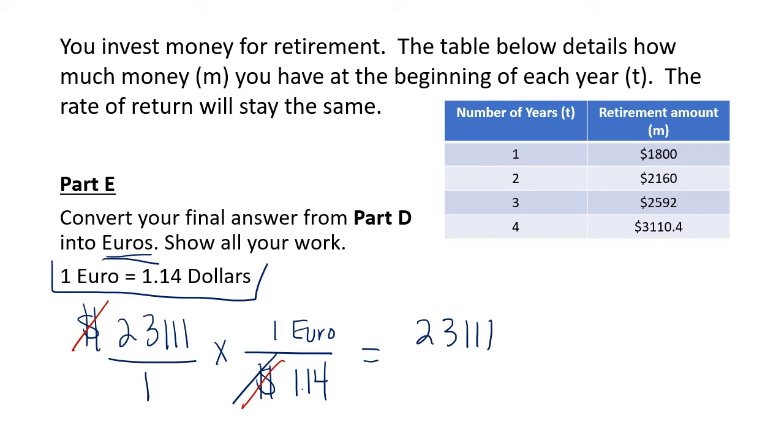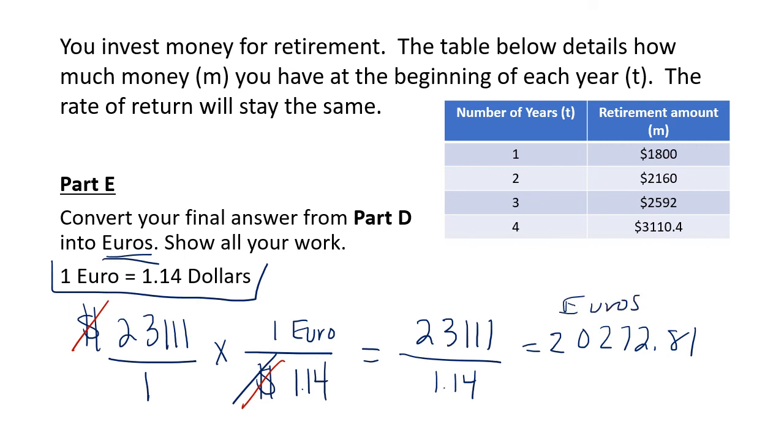So 23,111 times 1 doesn't change the value. Same with the denominator, I'm just multiplying by 1. So really all I'm doing is dividing those two terms. So 23,111 divided by 1.14, and I end up with 20,272.81 euros.